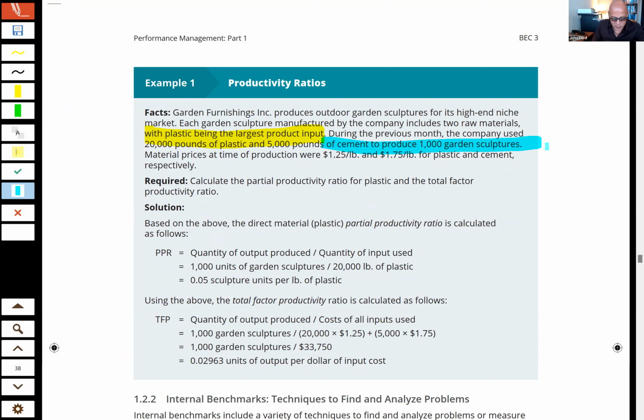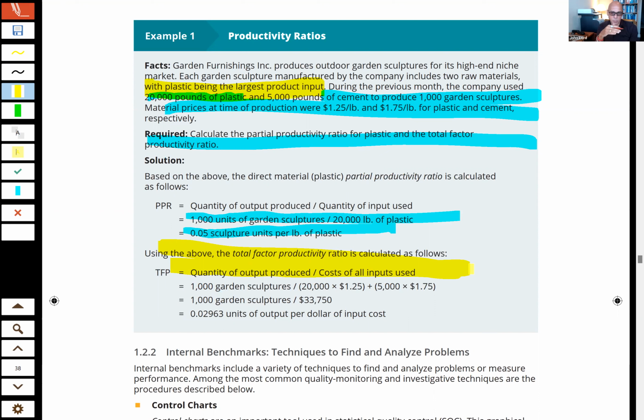For the total, okay, now we're going to have to weight appropriately each of those inputs. And as you can imagine, companies probably use the first one more because there could be a lot of different things that go into a product, and you start really giving yourself a record keeping burden if you're going to keep track of them and have to weight them all accordingly. But what we did here is we said, well, look, 1,000 garden sculptures, and it used 20,000 pounds of plastic at $1.25, 5,000 pounds of cement at $1.75.